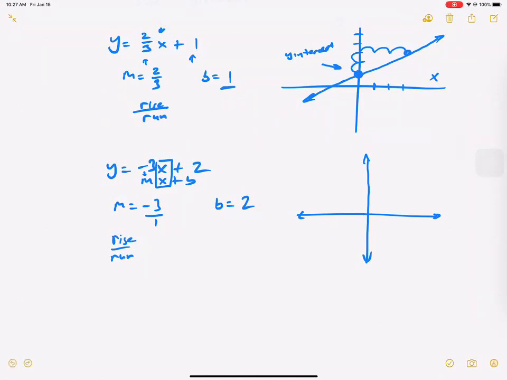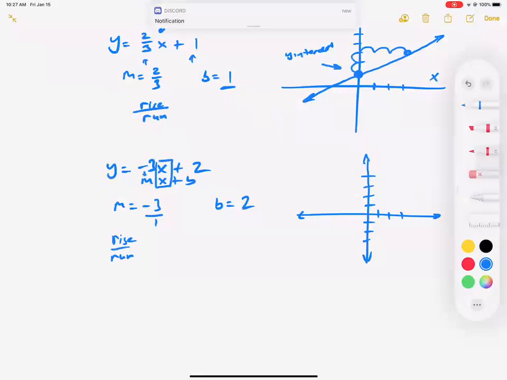That tells us our first point to graph. So our y-intercept, 1, 2, going up to 2. Okay, so our first dot is going to be at 2. And the slope we're going to follow is negative 3, down 1, 2, 3, and over 1 step.